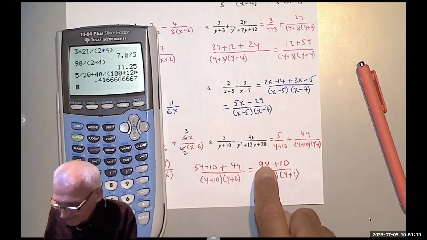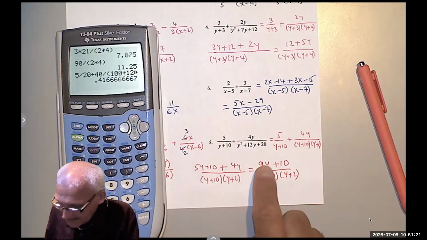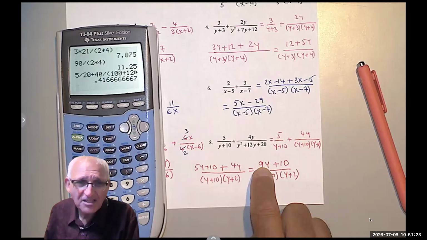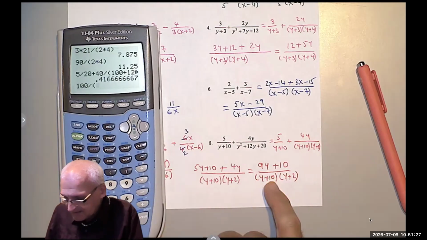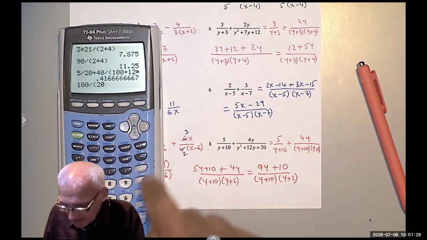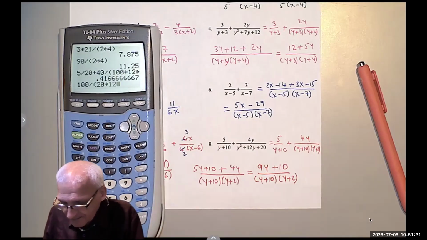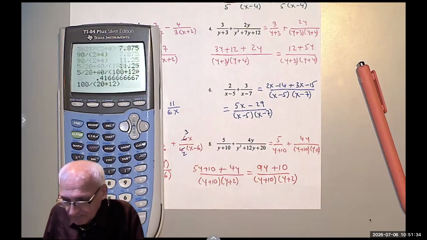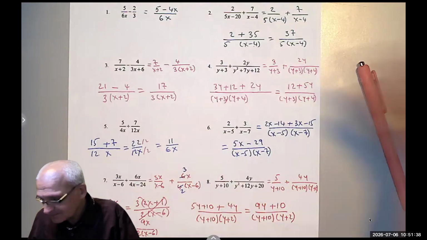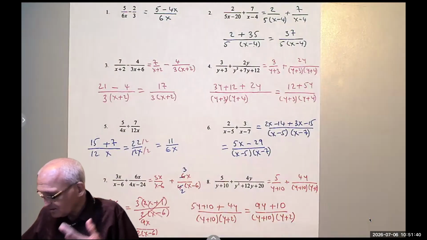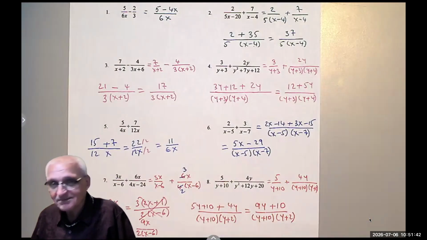This one is 9y, which is 90, plus 10 is 100. 100 divided by y plus 10 is 20 times 12. Yeah, I got the same result this time. I was lucky. So you are not going to make fun of me enough once in a session.